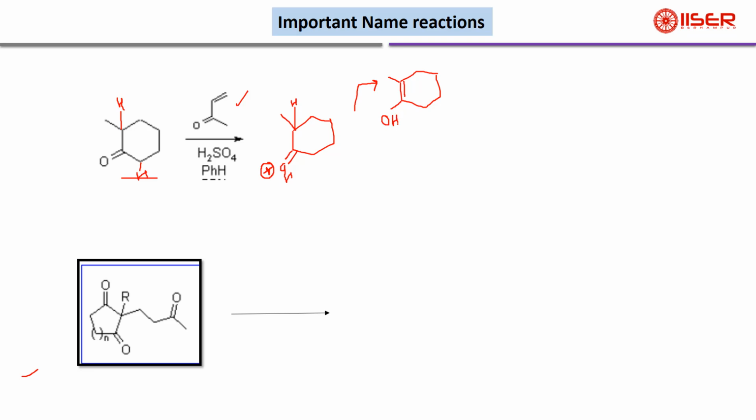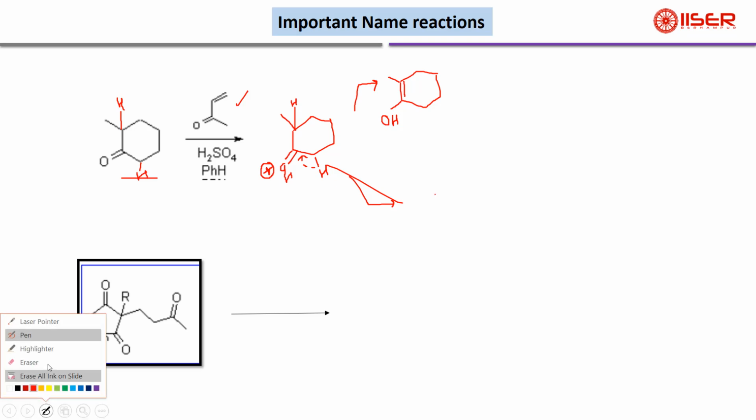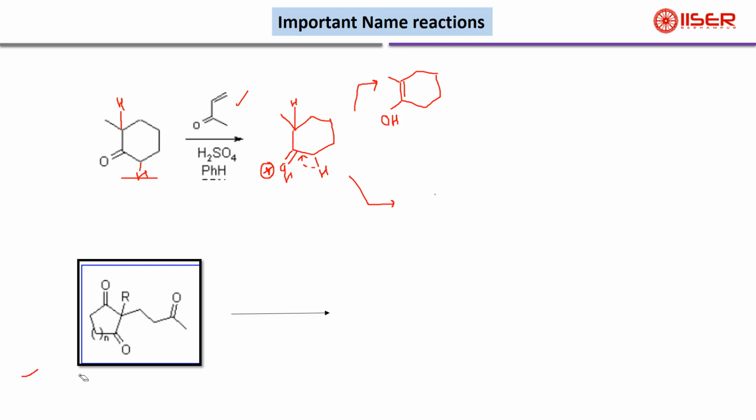But if the proton is eliminated from this carbon, then the enolate will be like this.